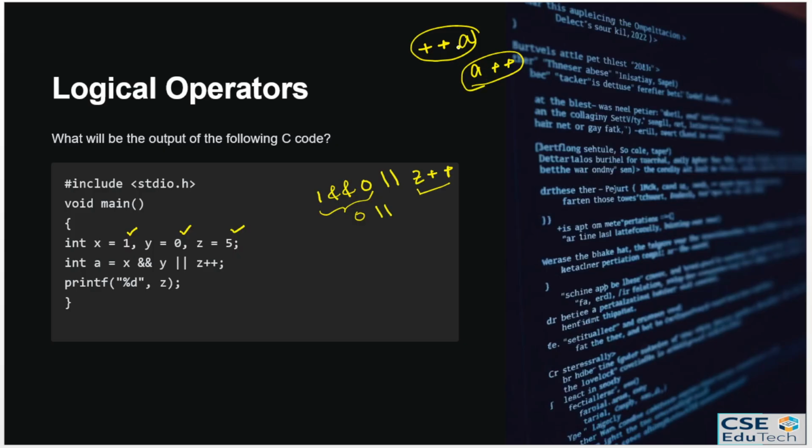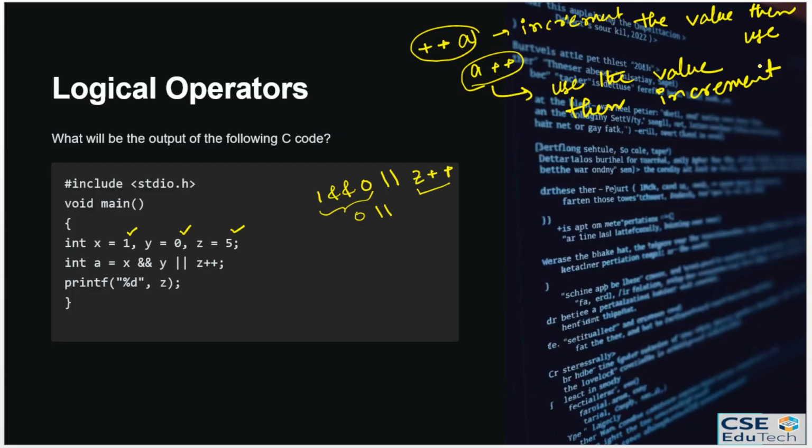The difference is, in the case of plus plus a, pre increment means first increment the value, then use it. And this is a post increment: use the value, then increment.